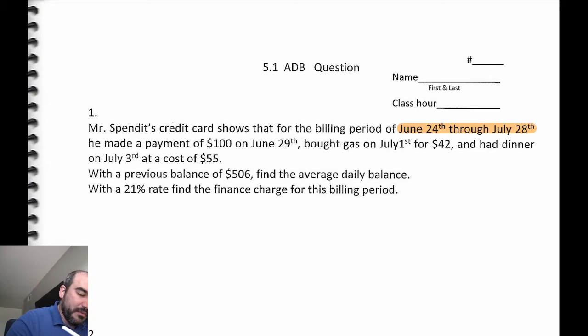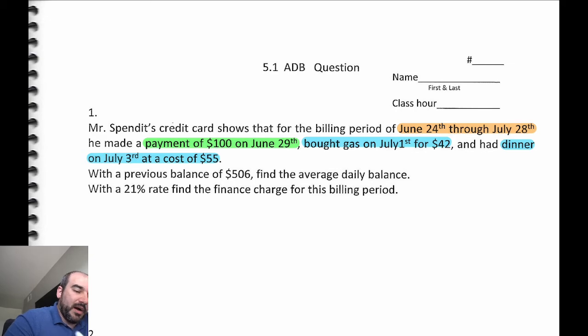He made a payment of $100 on June 29th. So we'll highlight that as one of the transactions. Payment of $100 on June 29th. Bought gas on July 1st. I'm actually going to color that in a different color, because making a payment versus buying something with your credit card are 2 separate things. And then had dinner on July 3rd at a cost of $55.